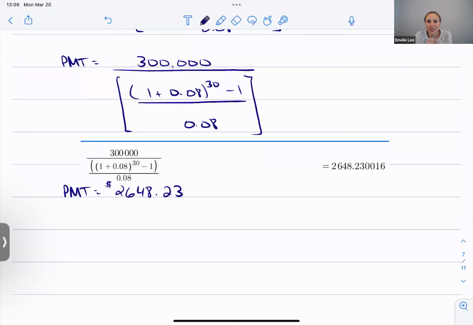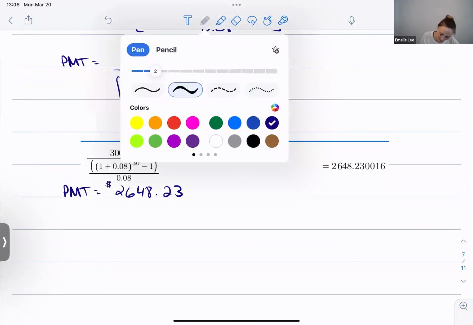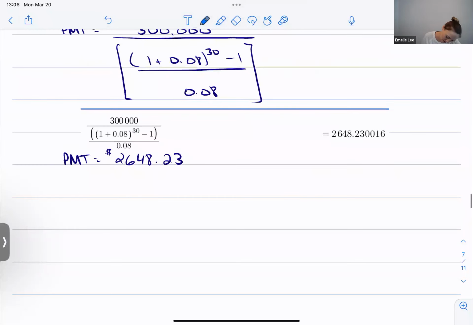How much would you have earned in interest? Right, so always think about a follow-up question: how much interest will you have earned?